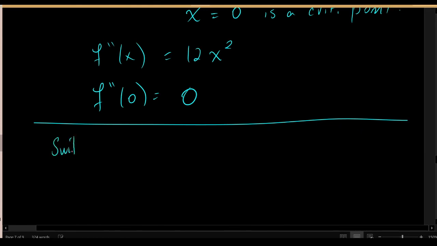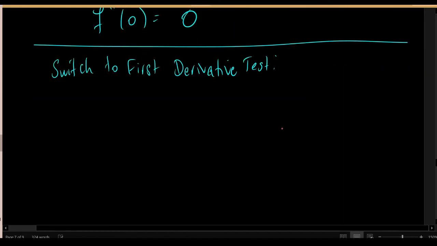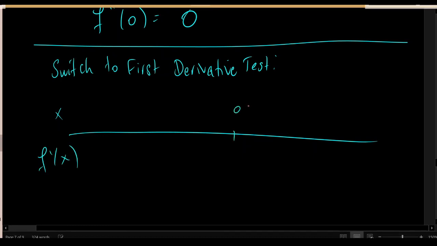Let's switch to the first derivative test to see if we can get any more concrete information. So let me set up my sign chart. We have x equals 0 in the center. So maybe I will pick the test locations minus 1 and positive 1.